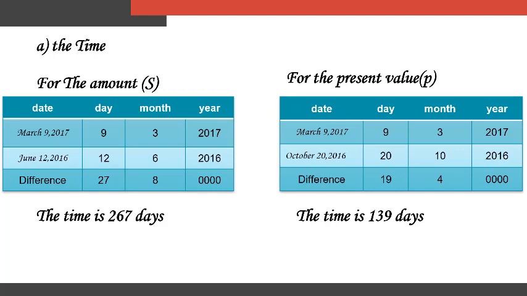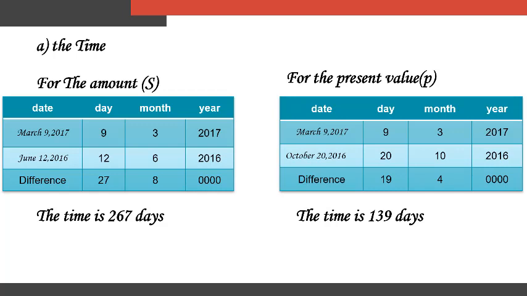And the time for the present value, it's the distance from October 20 to March 9. We will start with March 9, 2017: day 9, month 3, and year equal 2017, minus October 20, 2016, so day equal 20, month number 10, and year 2016.